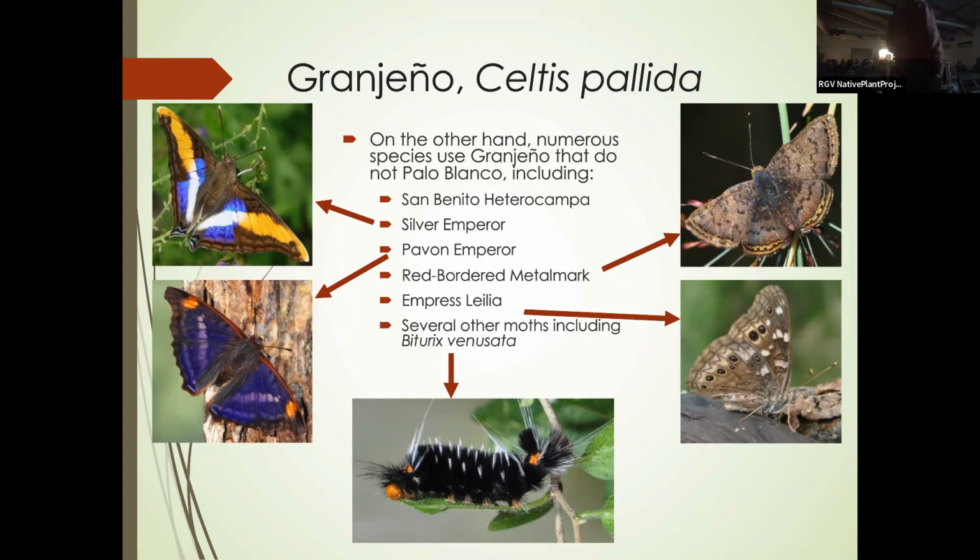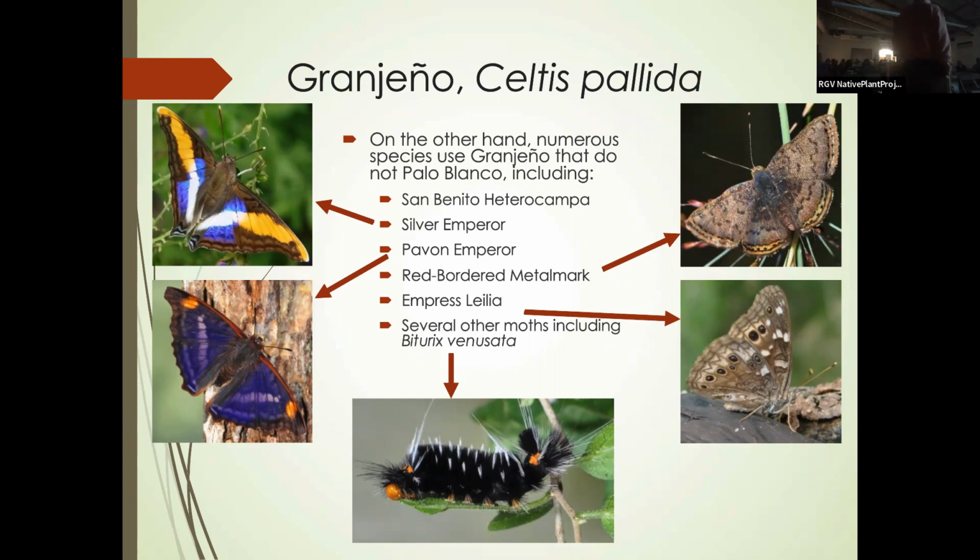The prettiest ones, silver emperor and pavon emperor, and this was on my mind because I just got to raise pavon emperors. If you haven't seen the male with the purple upper side, they're just gorgeous. And I had not ever found one in the wild. A friend of mine gave me eggs or some small caterpillars to rear, and I was able to get some adults, and they're gorgeous.